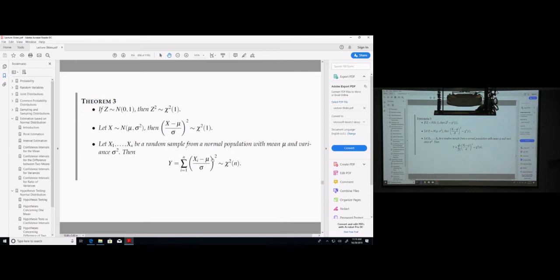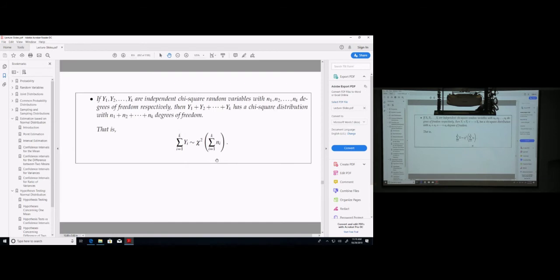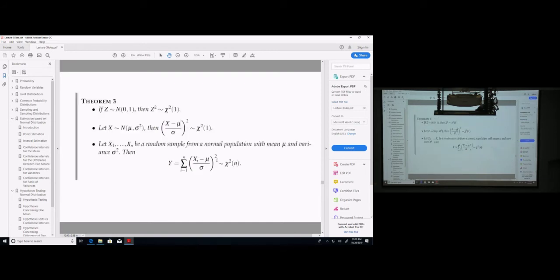And now, if you have a standard normal, you square it, according to the statement here, it will be a chi-square of degree of freedom 1. Okay. And now you are adding n of them. The previous slide says that if you add them up, it will still remain a chi-square. And the degree of freedom would be adding up the degrees of freedom. And each one is degree of freedom 1. So as a result, y here, which is the sum of these, is a chi-square of n degrees of freedom.